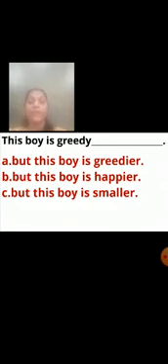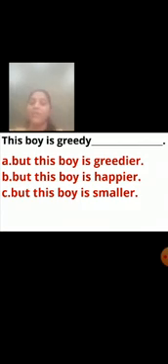See children, when we are doing comparison between two similar things, we change the adjective. Instead of y, what will we add? We will remove y. And what will we add to that word? IER. Yes or no?